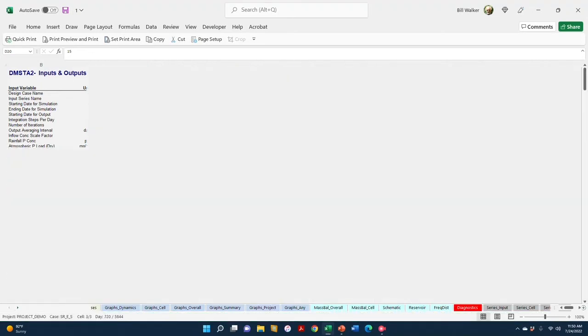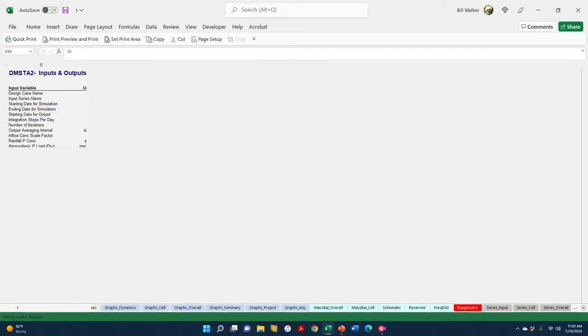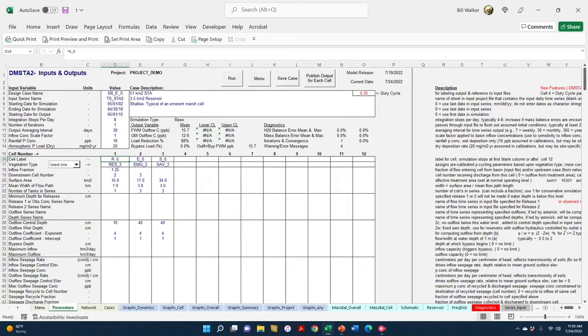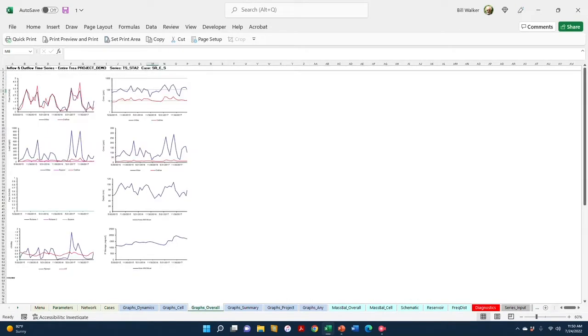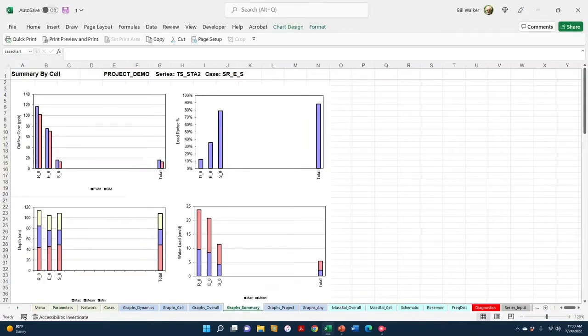We typically run a reservoir, since they tend to be kind of boxy, as one tank in series, whereas a typical STA is simulated with 3 tanks, which are just a way of modeling the hydraulics.